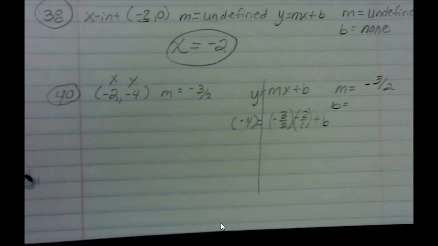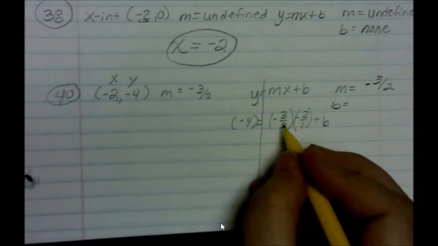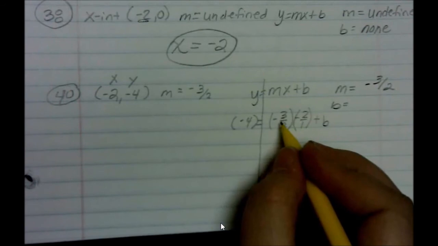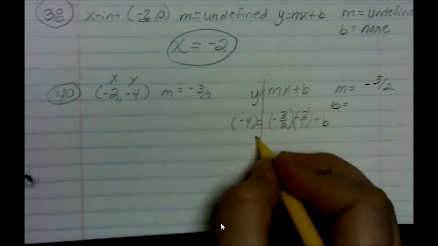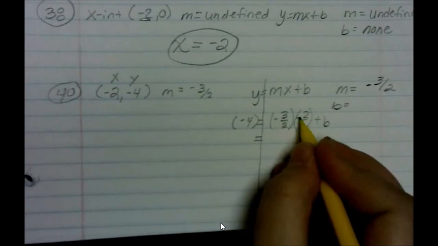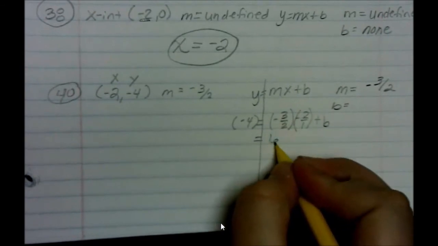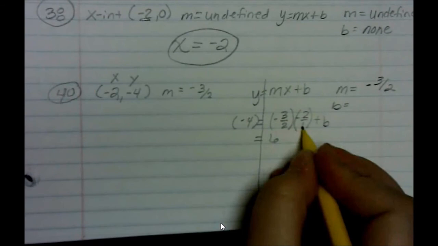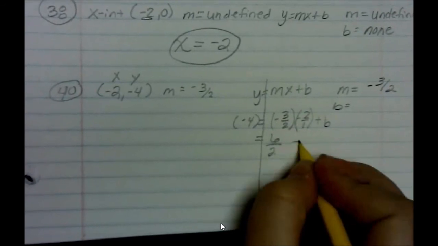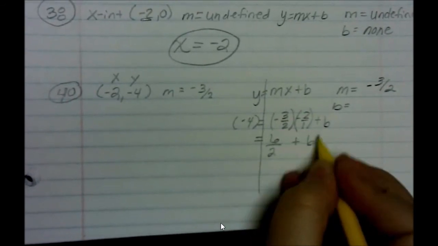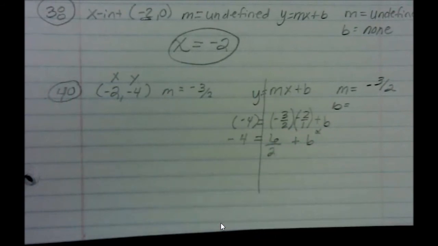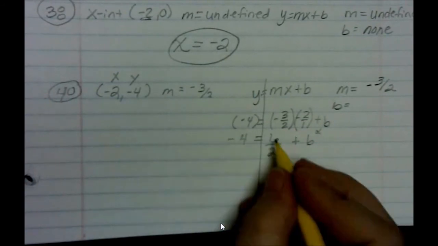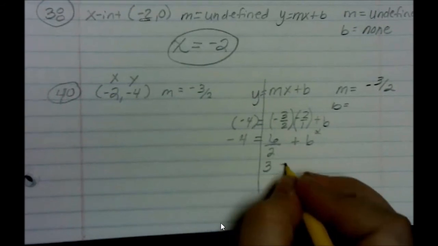So now I'm going to multiply these two fractions together. So negative times a negative will give me a positive answer. 3 times 2 is 6. 2 times 1 is 2. Bring down your plus b and bring down your -4. You can simplify 6/2 to be 3 and bring everything else down.